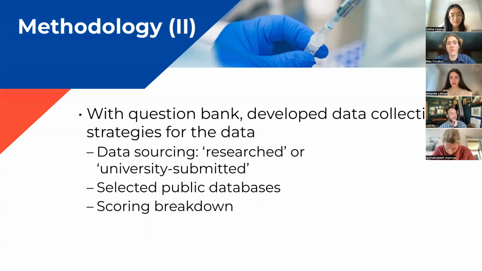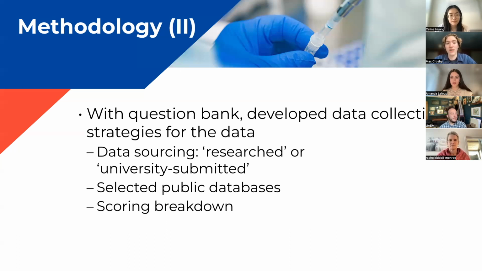To do this, we created a methodology that defined and covered data collection and scoring for each question in our report in detail. For each question, we first evaluated whether or not we could actually answer the question with publicly available data. In cases where no database could be accessed by students, but university data could be beneficial, we decided to survey universities to collect data for those questions.